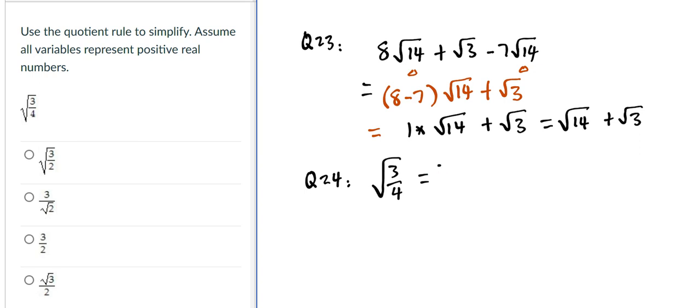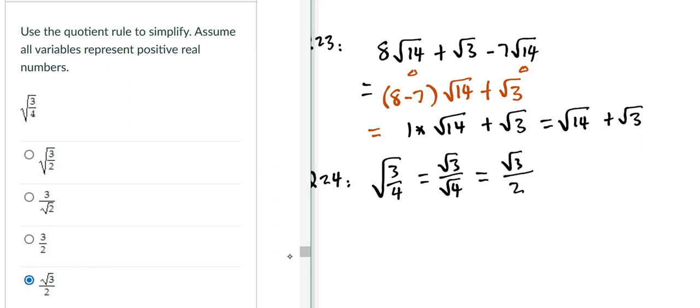So what we do is radical 3 divided by radical 4. Radical 3, you have nothing to do with that. But radical 4, you know that's 2. So in this case, radical 3 over 2 will be the last one. Radical 3 over 2.